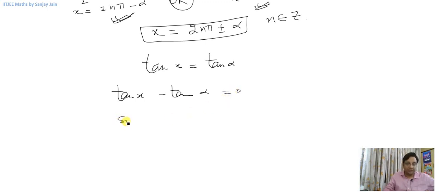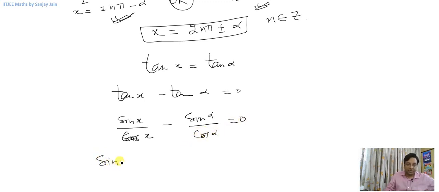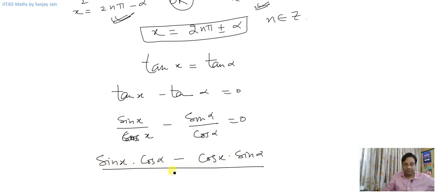If I bring them into sine and cos, this will be sine x by cos x, this will be sine alpha by cos alpha, equals 0. So I can write it as sine x into cos alpha minus cos x into sine alpha, divided by cos x into cos alpha, and it will be equal to 0.